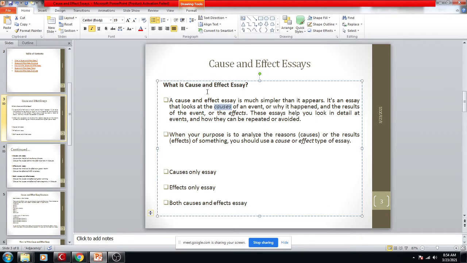When you write this type of essay, you may focus on the causes only of an event, of a situation, of something. You may focus on the effects only. Discuss the effects of something, of an event. And you may discuss both causes and effects.